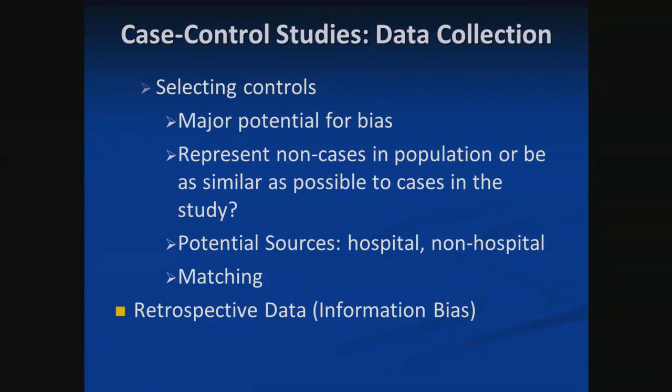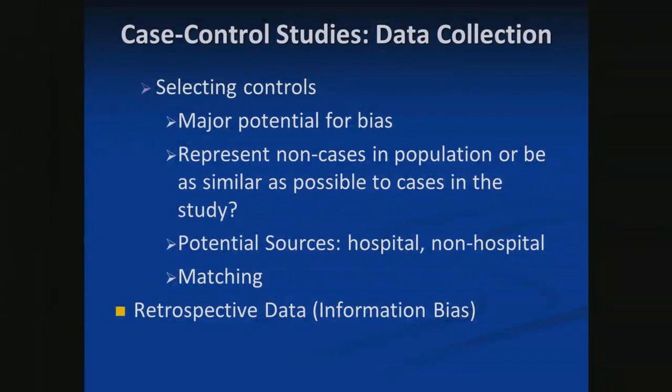Or do you want them to be as similar to your lung cases in terms of their source, where they come from? Sometimes you'll see case control studies where the controls are taken from the same hospital, and sometimes you'll see case control studies where the controls are taken from the general population. They're both legitimate, but that is an element you have to really think through based on your specific question.